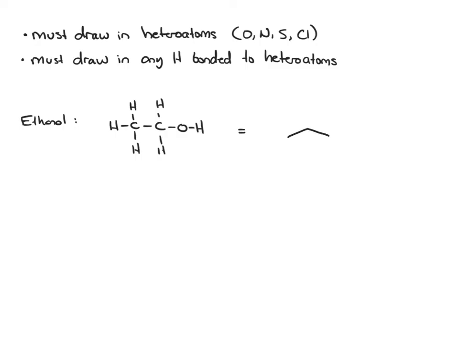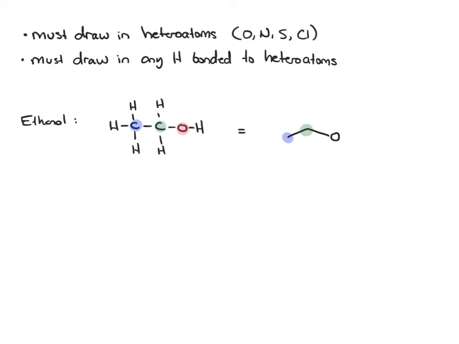So I have the carbon on the end. I have the CH2 right here. And then next we have the oxygen OH. And what we want to do is tell the reader that at the end of this chain, we have an oxygen, not a carbon. So I write the O in.